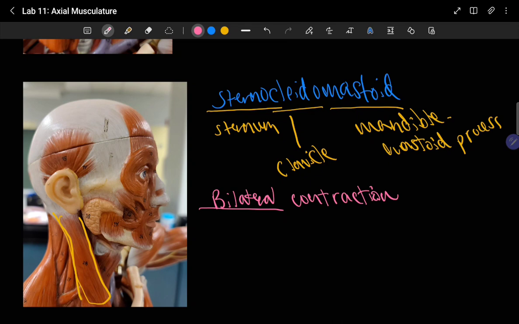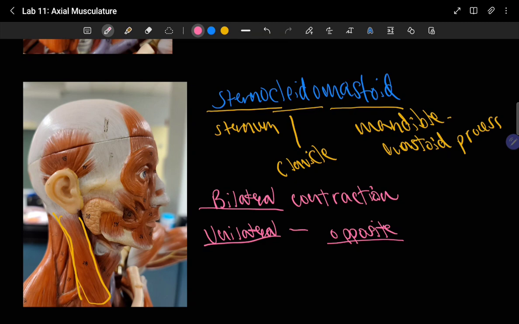You're going to feel it even more if we do what's called a unilateral contraction. So sternocleidomastoid is special because when only one side contracts, that is what helps us rotate our head to the opposite side. So same thing, if you put your fingers on your neck and rotate your head to the right, you're going to feel a muscle on the left side contracting to help you rotate.